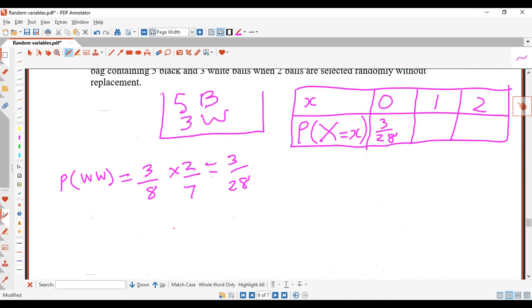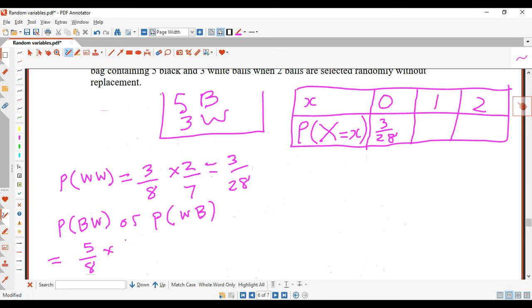Now, what about the probability of one black? That means I'm either getting black first and white second, or I am getting white first and black second. Black first would be 5/8 times white.